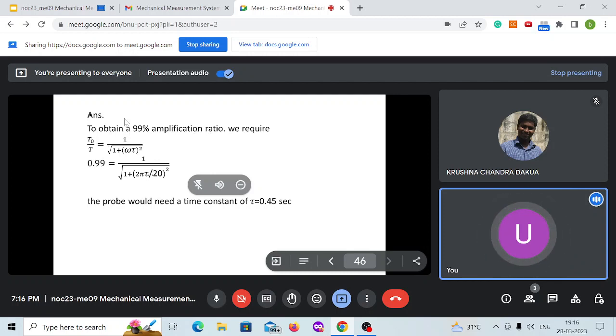We have been given that the amplitude ratio is 99%, which is 0.99, and we also know omega is 2 pi by 20. We substitute that, and the only unknown is tau. From this equation, tau comes out to be 0.45 seconds.